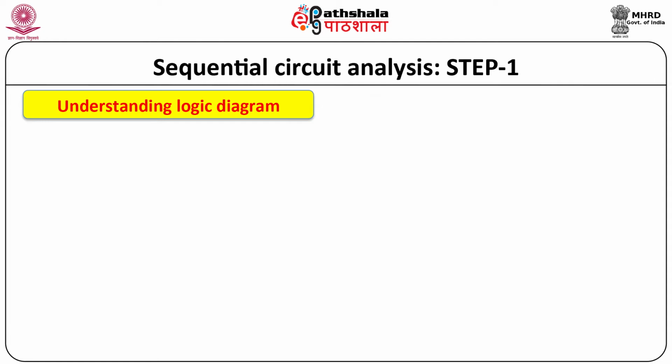In sequential circuit, the logic diagram usually consists of combinational logic like AND, OR, NOT, NAND, NOR, XOR gates, and memory includes D, RS, JK or T flip flops for storage. The interconnections between these blocks also play an important role in deciding the behavior of the sequential circuit.